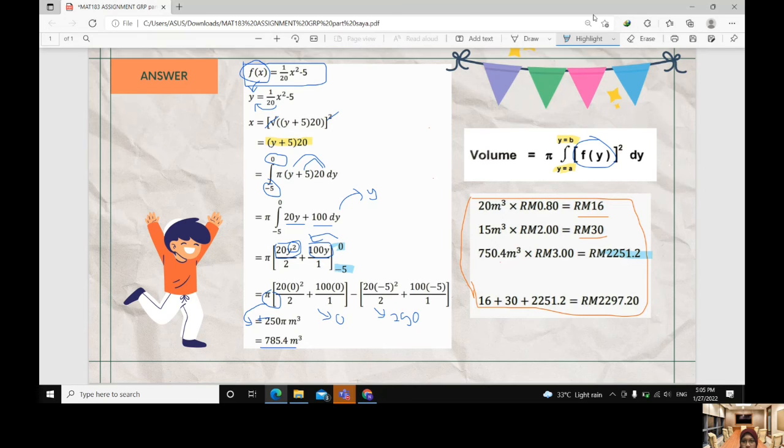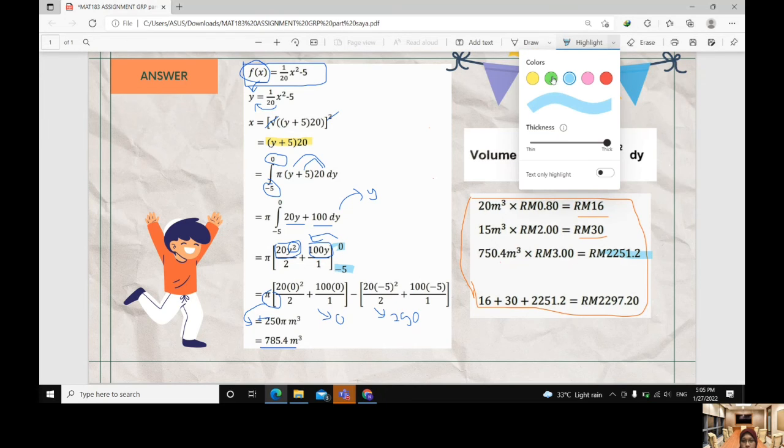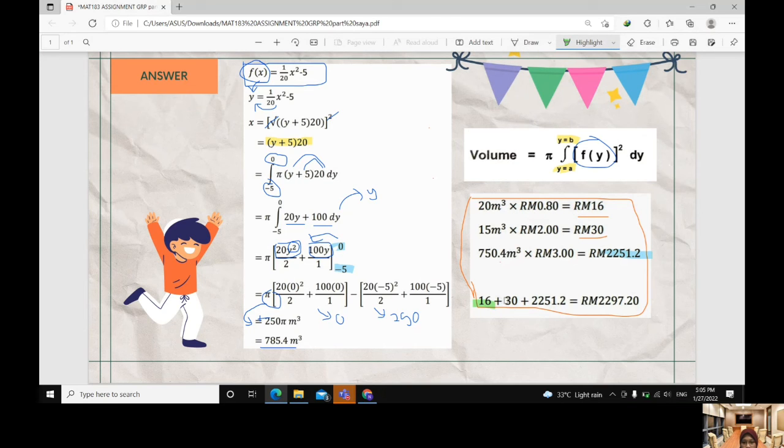Then the last one is we need to add it all and we will get the answer as 2297.2 ringgit. So that's all from me.